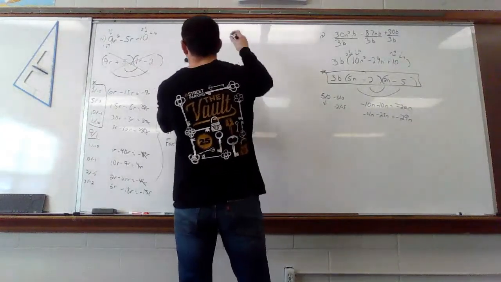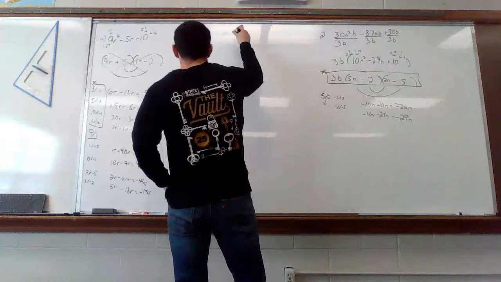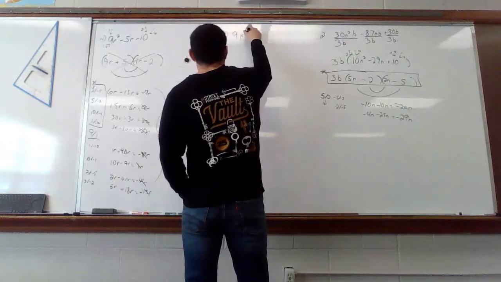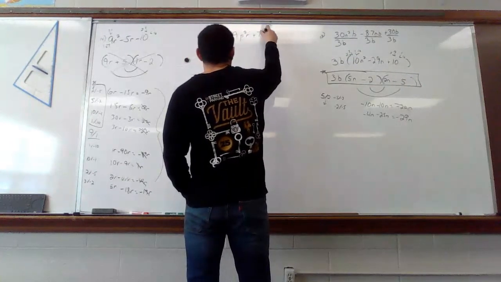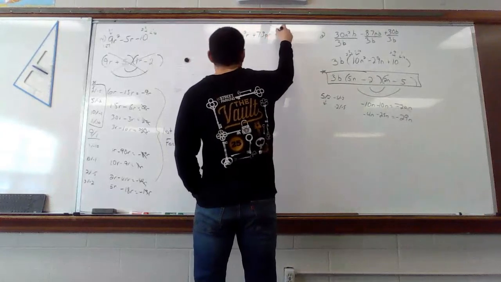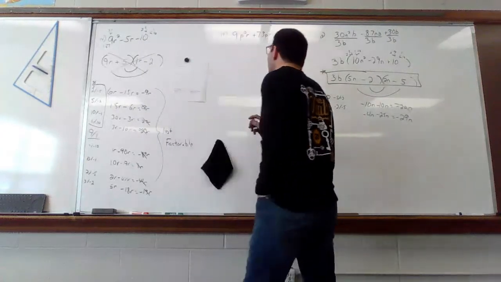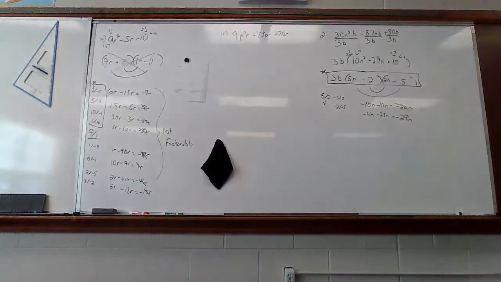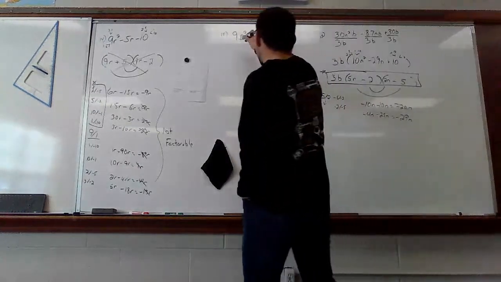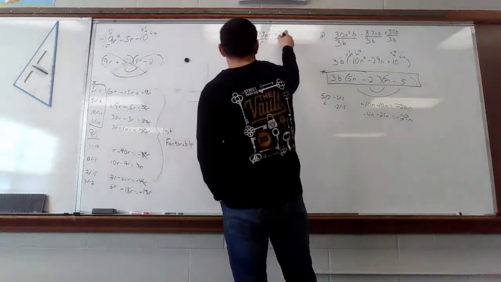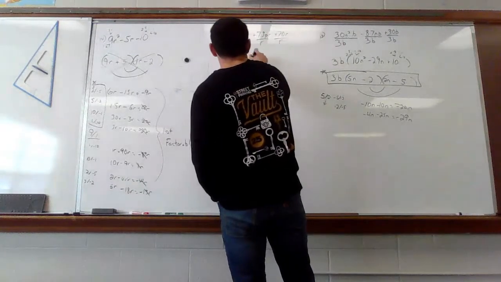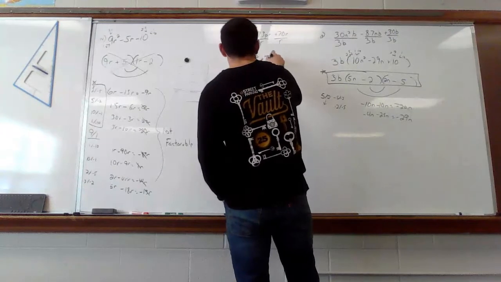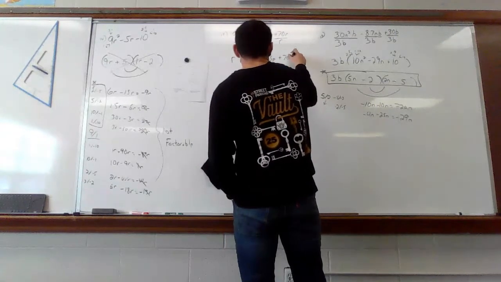Okay, let's try number 15. So now we've got 9p squared r plus 73p r plus 70r. Okay, the only thing that we can factor out is r. So now we've got dividing out an r. That leaves me with 9p squared plus 73p plus 70.